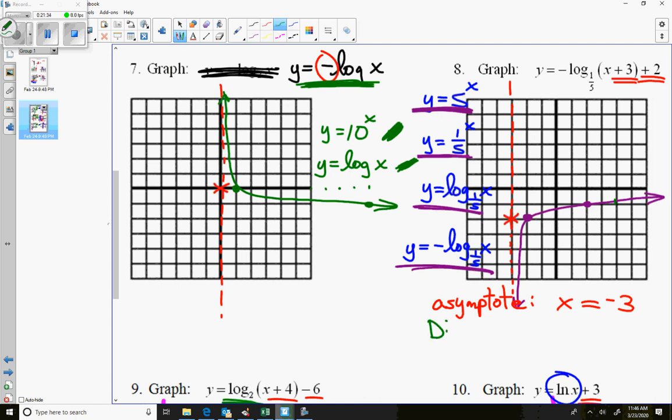Domain, set of all x's such that x is greater than that asymptote. Starts at that x value of -3 and everything bigger. Range, on the other hand, goes up and down forever. So my range, all the reals.